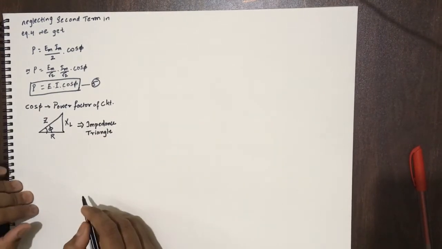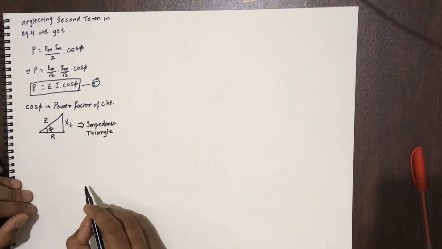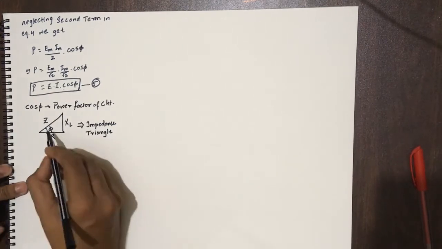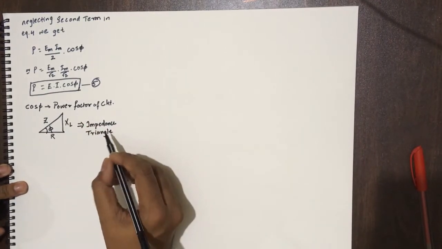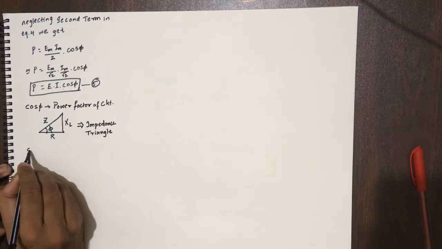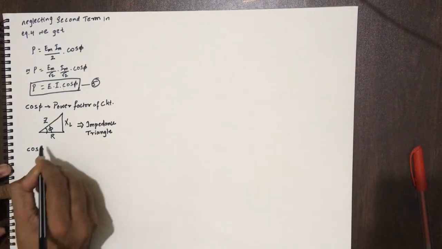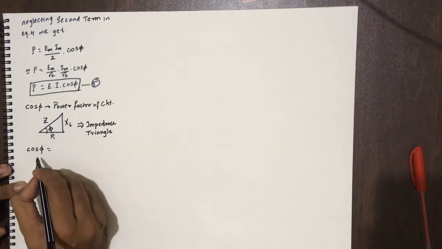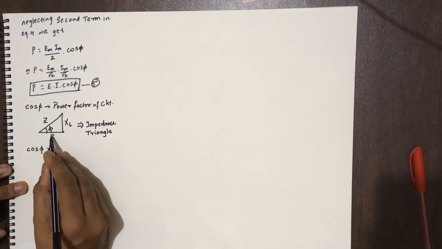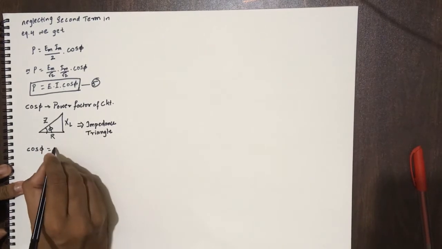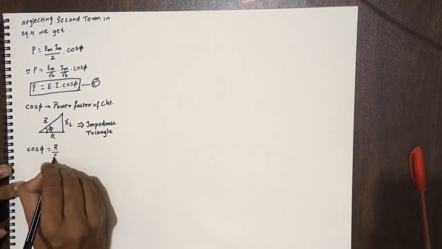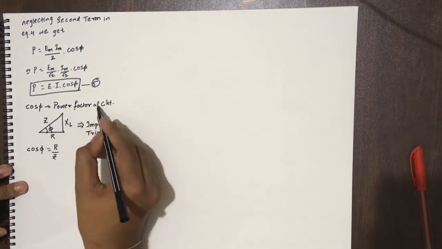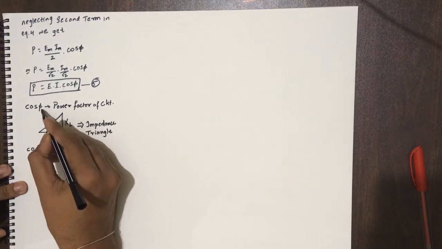This triangle is known as the impedance triangle. Now this cos phi can be further written as, from this impedance triangle, a fundamental definition of the cosine function, the base upon the hypotenuse, that is R divided by Z. So here I defined power factor as the cosine of the angle between voltage and current.